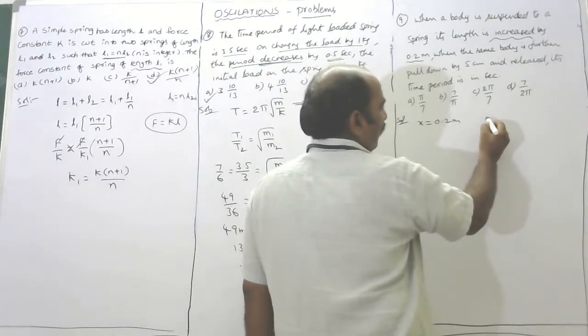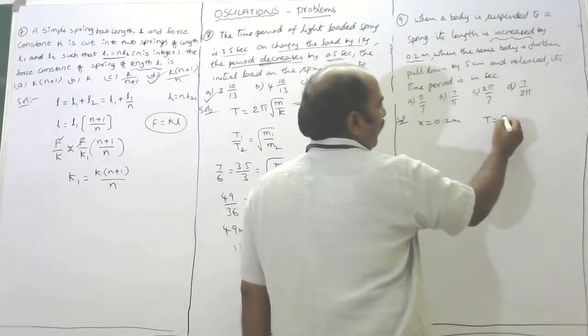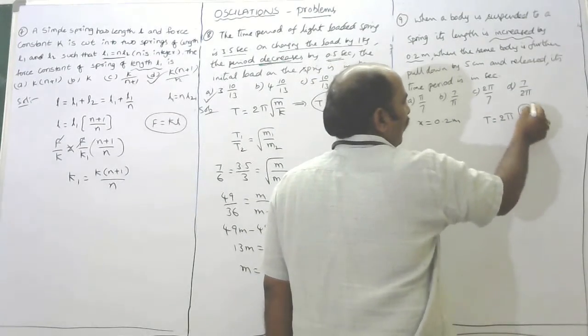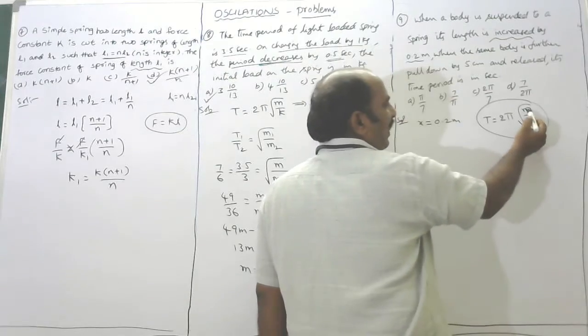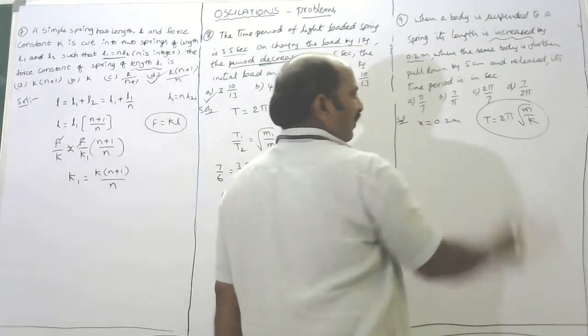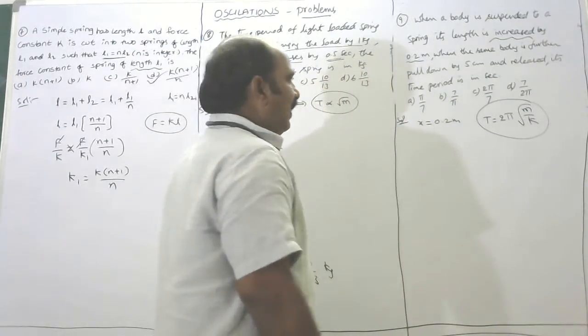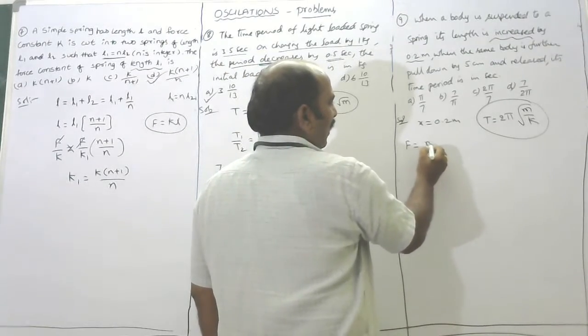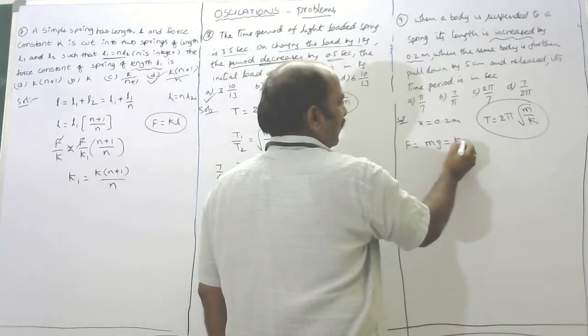You know, the time period of a loaded spring, capital T is 2 pi under root of m by k. So first we have to find m by k value and then try to find the value for capital T. Here you know F is equal to mg is equal to kx.